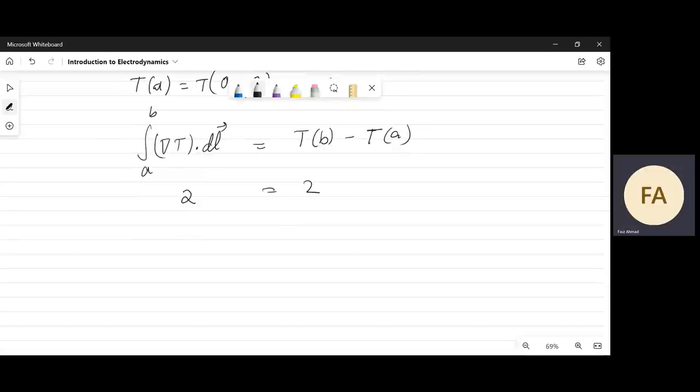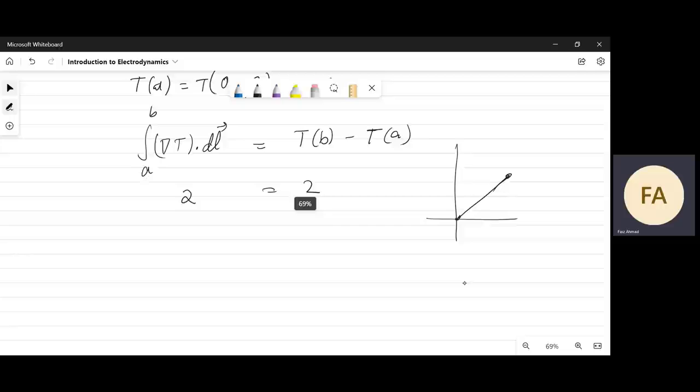All right. So we proved the fundamental theorem for gradients, and you can also prove the path independence. If you integrate on another path, you can integrate from there to there.